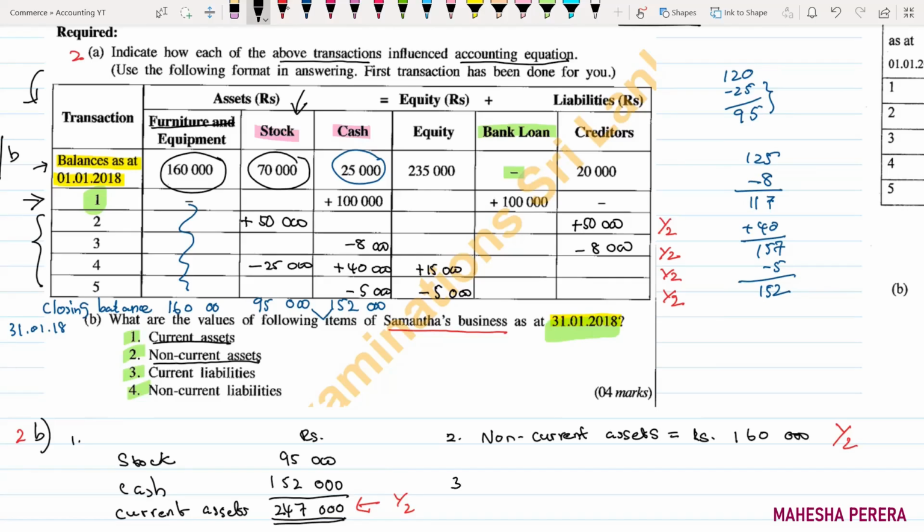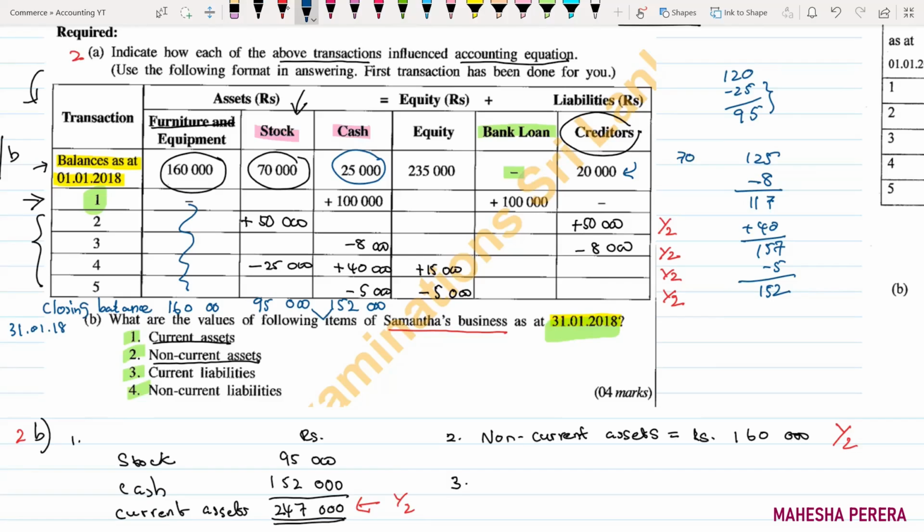Current liabilities. How many current liabilities are in this business? Once again, only one, right? It's creditors, so you need to find the closing balance now. Let's find it: opening balance of 20,000 rupees, then 50,000. The value of creditors increases by 50,000, so it will become 70,000.